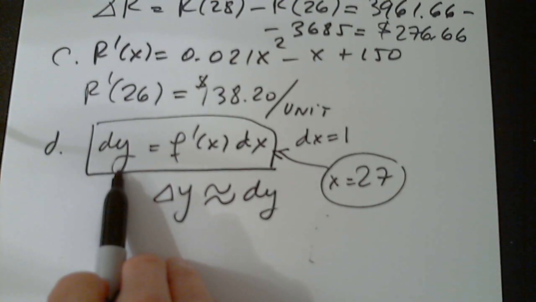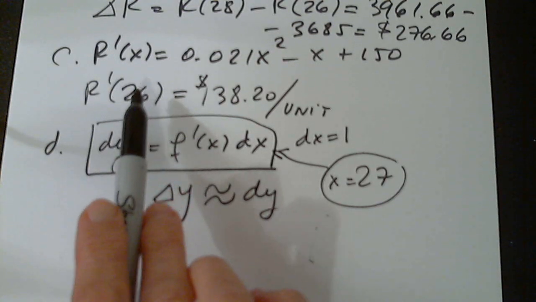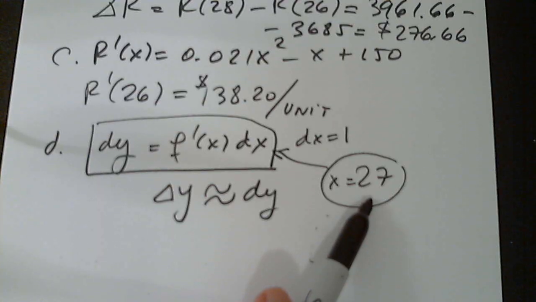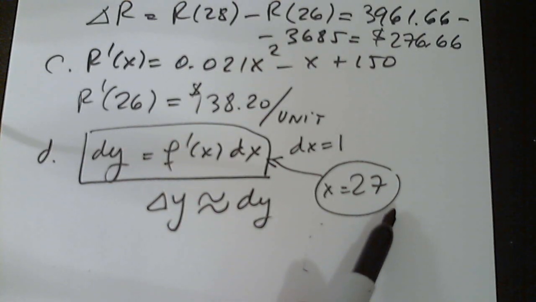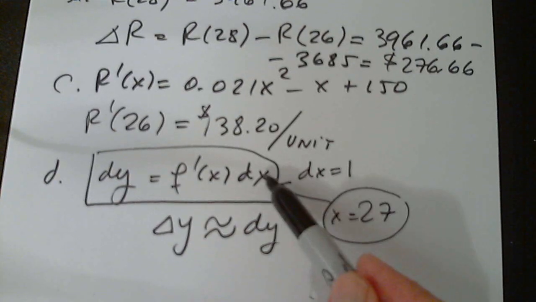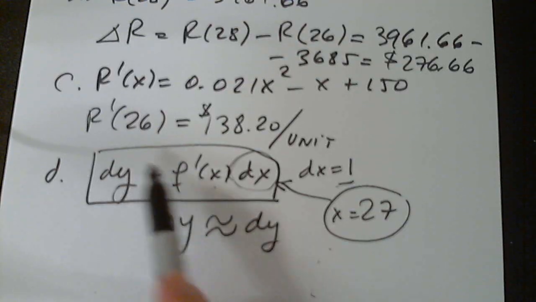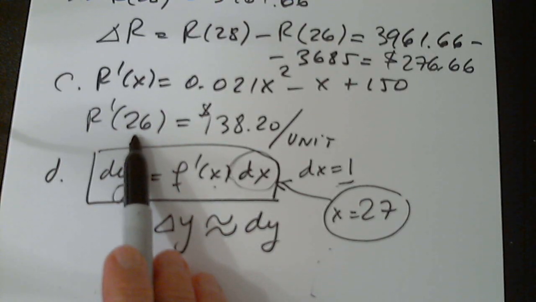So they want us to approximate the change in revenue for a minor change in x. What was the minor change in x? From 26 to 27. And that is the dx. That's 1. And f prime of x is r prime of 26.